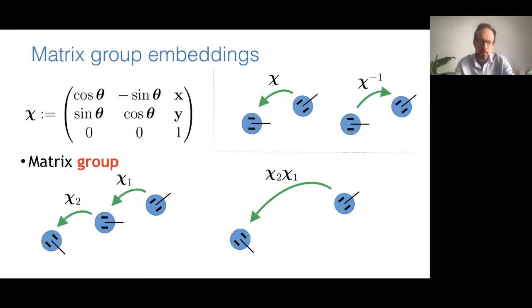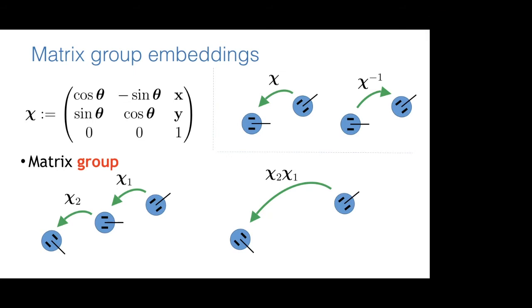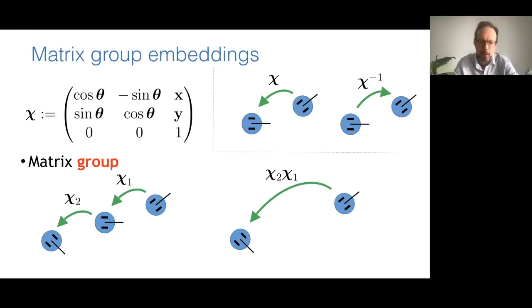So if you do that, you have an alternative way of representing state variables that bears a group structure. And this is a motivation to replace standard addition by multiplication on the state space once it's been embedded in a matrix group.